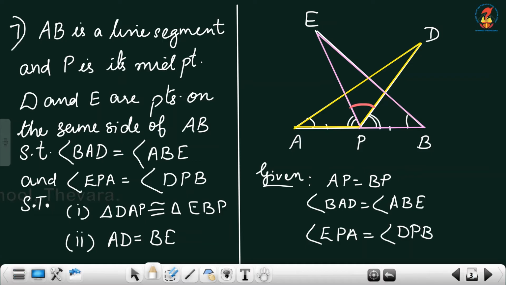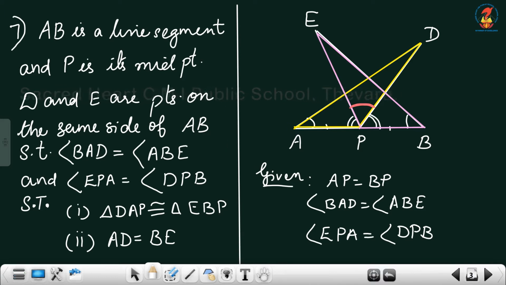Next question. AB is a line segment and P is its midpoint. D and E are points on the same side of AB such that angle BAD is equal to angle ABE and angle EPA is equal to angle DPB.